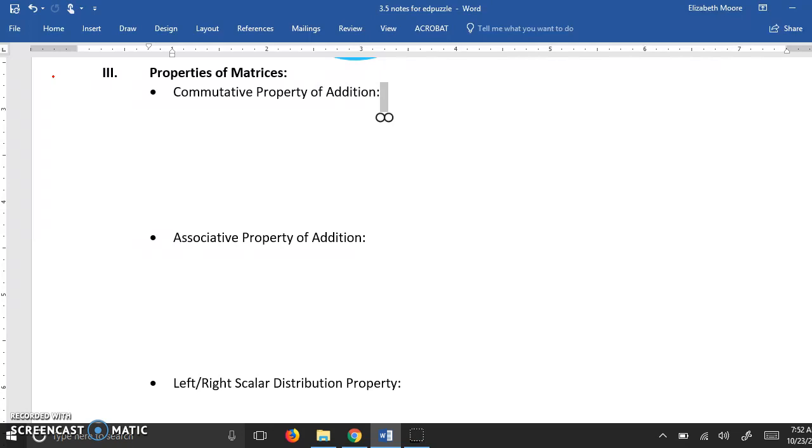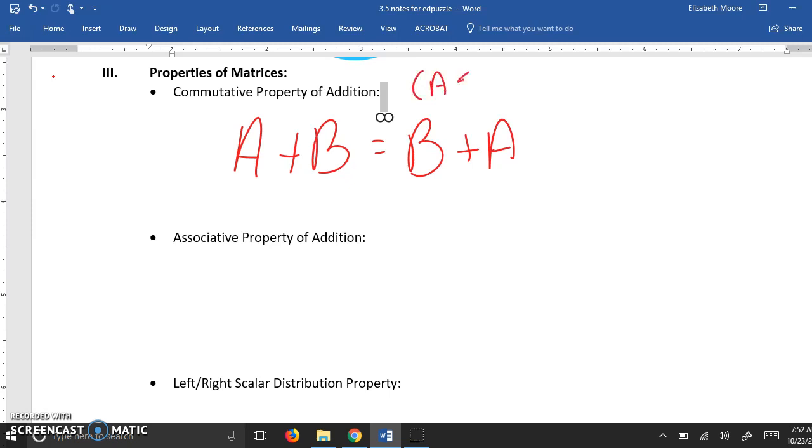So if I add two matrices together, A plus B, it's the same thing as B plus A. A and B are both matrices of the same size. That's important to note because otherwise we wouldn't be able to add them.